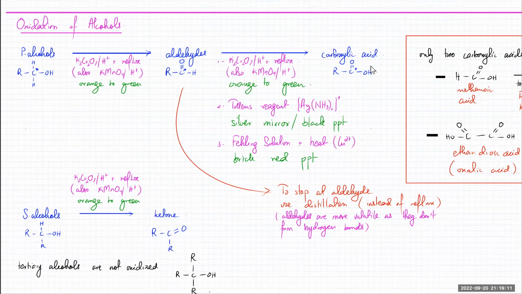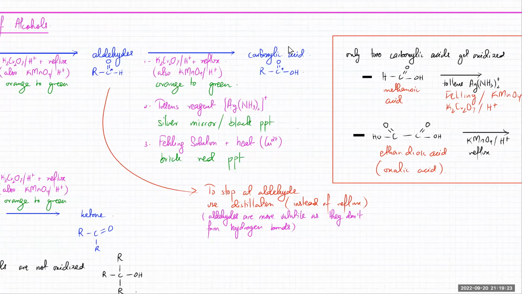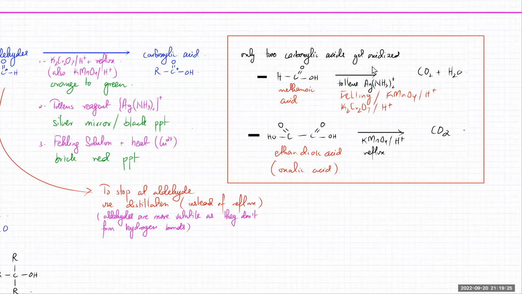Aldehydes turn into carboxylic acids. And the reverse also happens: they get reduced to aldehydes, and then reduced back to primary alcohols. Now, remember that of the carboxylic acids, only two get oxidized. Just two of them. One of them is methanoic acid, which gets oxidized by Tollens' reagent.